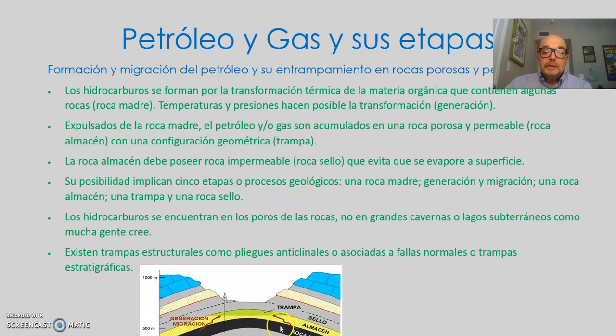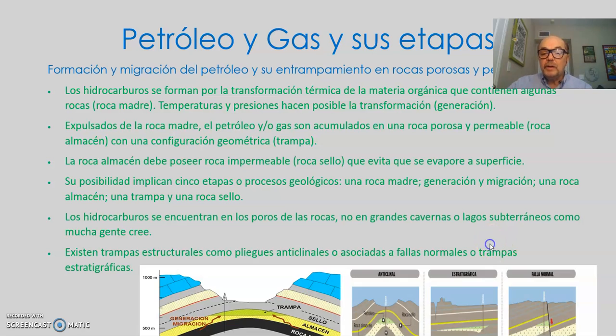Here we see how the mother rock is where the cooking took place, and how the hydrocarbons migrate to a trap where a seal is, with permeability and porosity, because the oil is in the pores of the rock. That's where we find the oil.